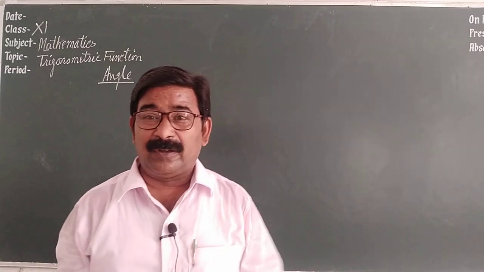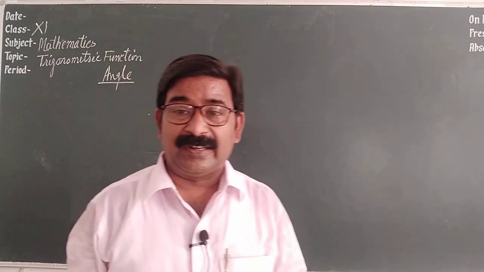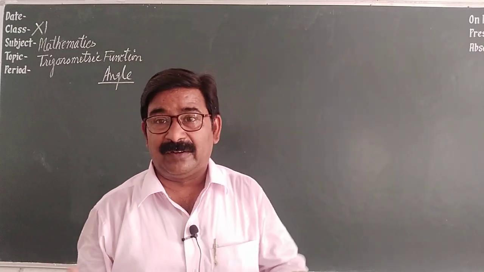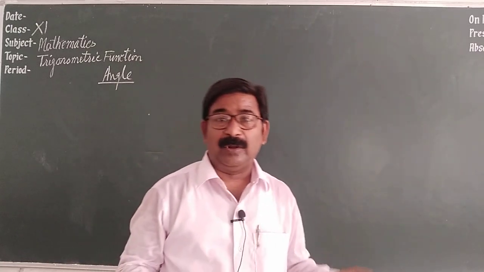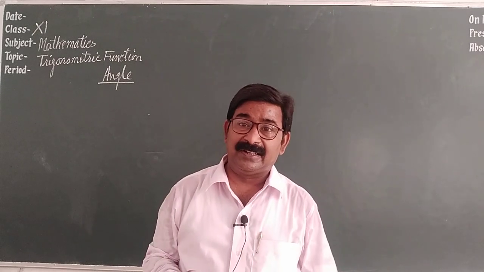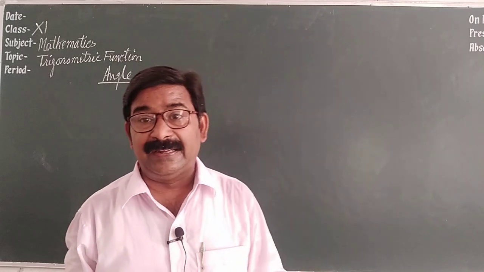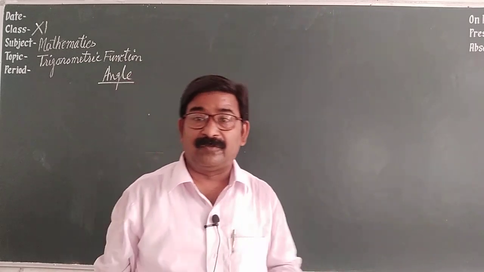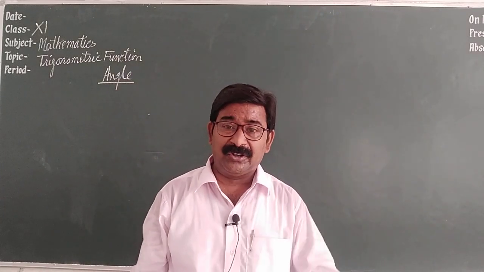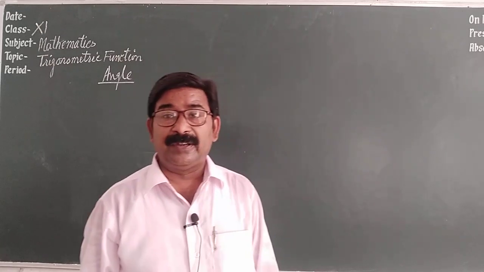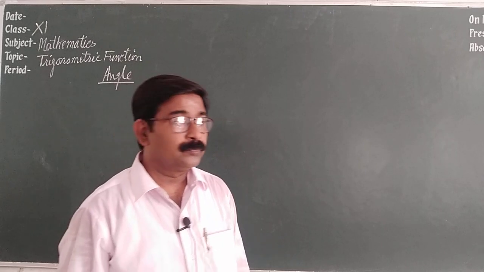There are many types of definitions. Someone can say when two rays start from the same initial point, the figure formed is an angle. Or when two line segments intersect each other at one common point, or two lines intersect each other, the figure formed is called an angle. So many definitions, but these definitions are not appropriate for your class.